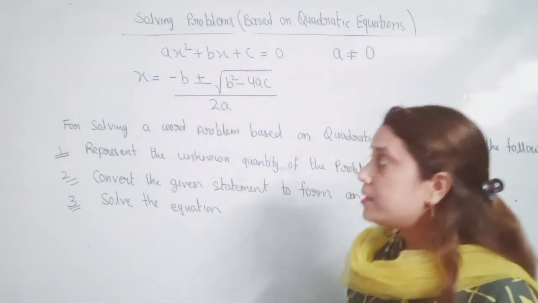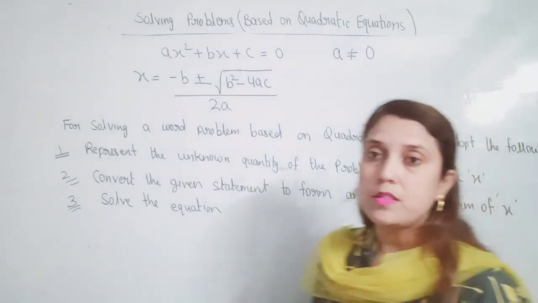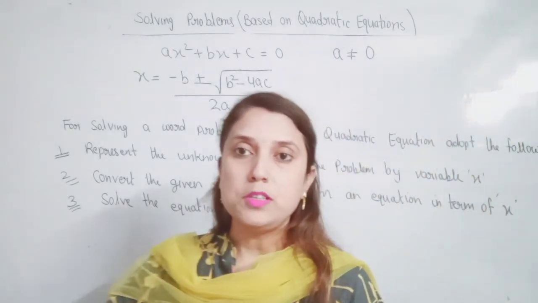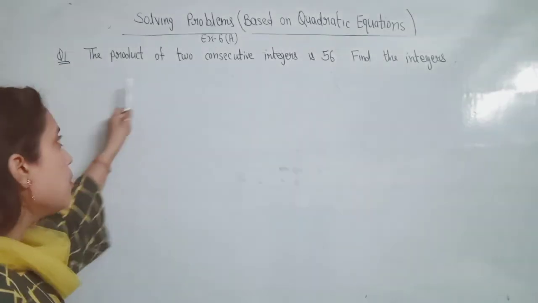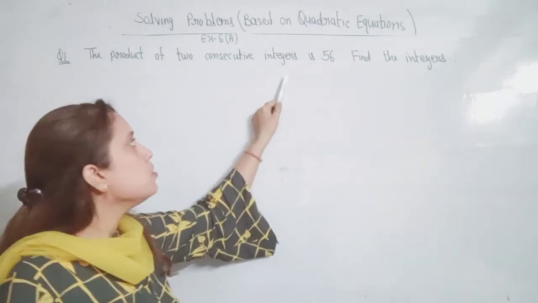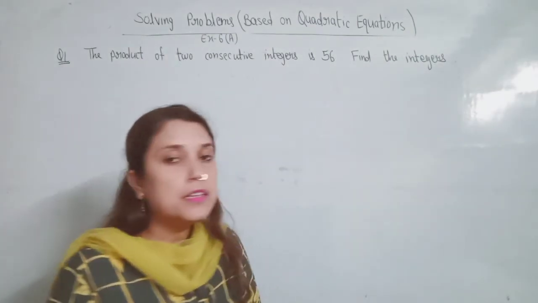Okay beta, so let's do some questions from exercise 6A. Question number 1: the product of two consecutive integers is 56. Find the integers.